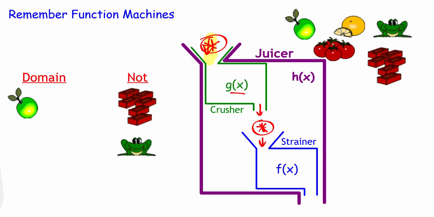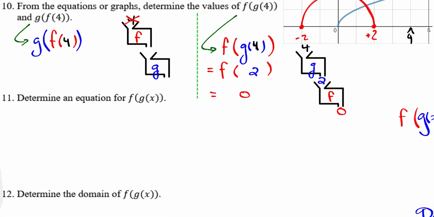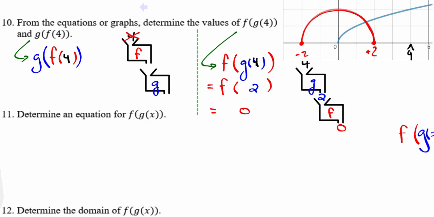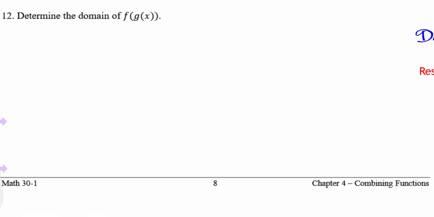So if we think back to this situation, what's happening is we have this frog. It can't go into this first function, which means it's not part of the domain for that function. So again, we need to figure out what's the domain for f of g of x. Again, we have the equation, but I'm going to skip down to the domain part first.